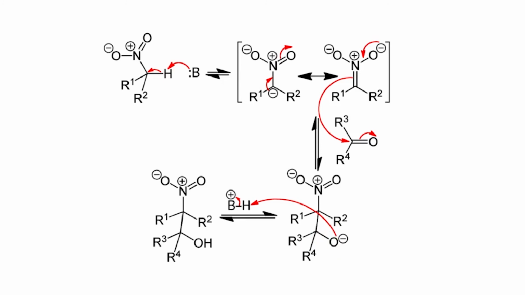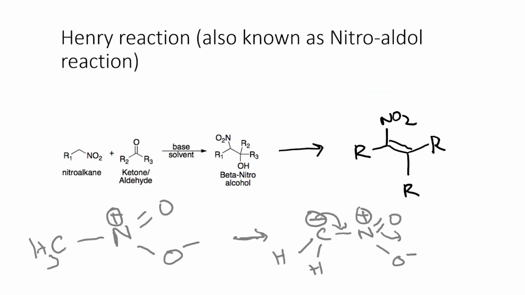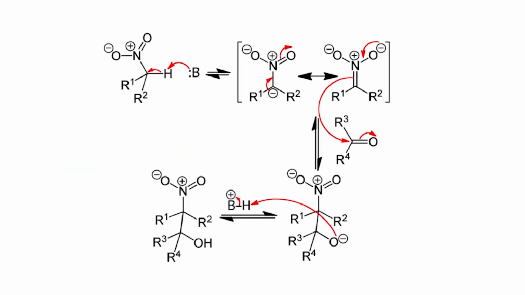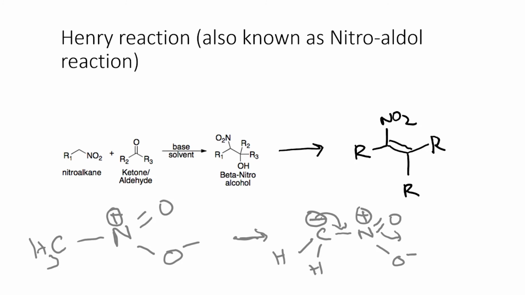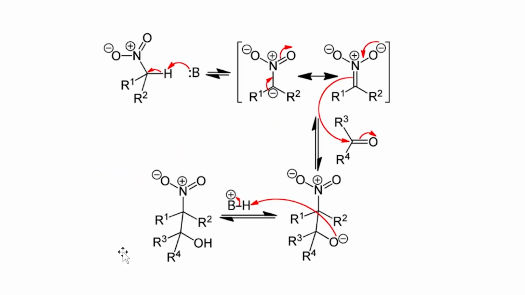And subsequently, this is the reaction, but if you have another enolizable nitro, if you have a product which can actually undergo elimination over here, then you can produce the olefin as shown here. Otherwise, you just end up getting this kind of a product.